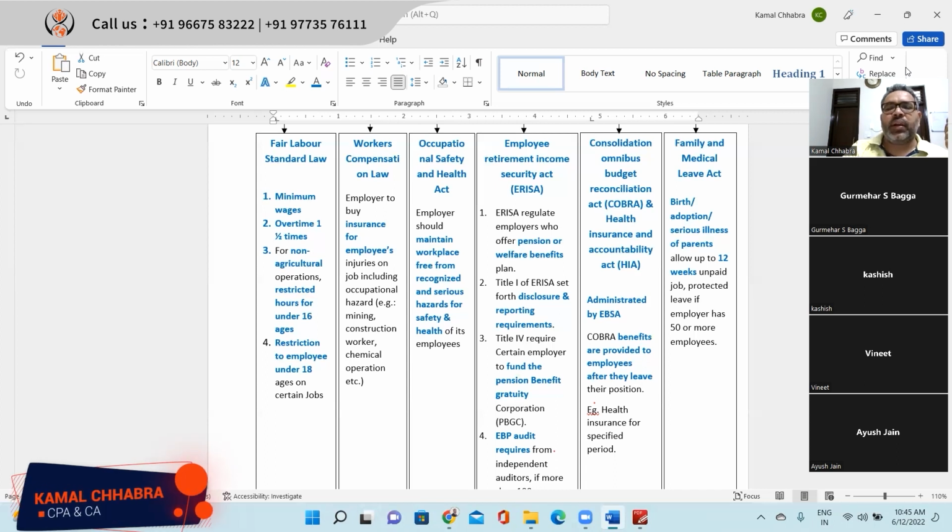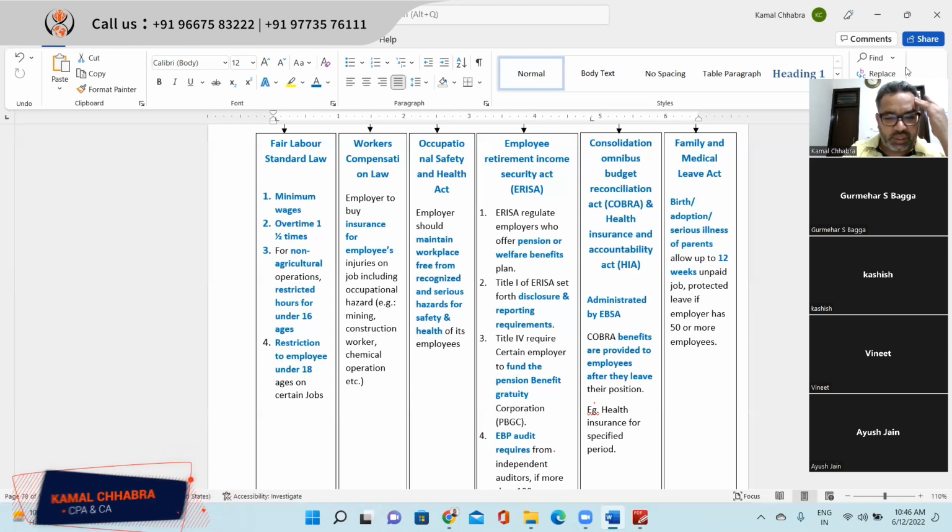For example, mining, construction workers, chemical operations. In those companies, it is mandatory for them to buy insurance for their employees because of Workers Compensation Law, right?